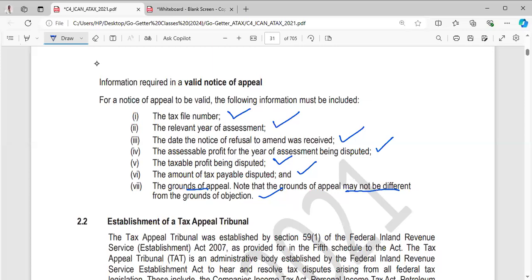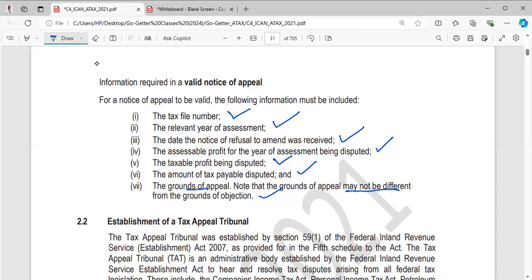The tax authority receives this assessment, looks at it, and if they are happy, they take it that way. That's fine. If they're not happy with the assessment, they'll write back and say, no, this is our own assessment.